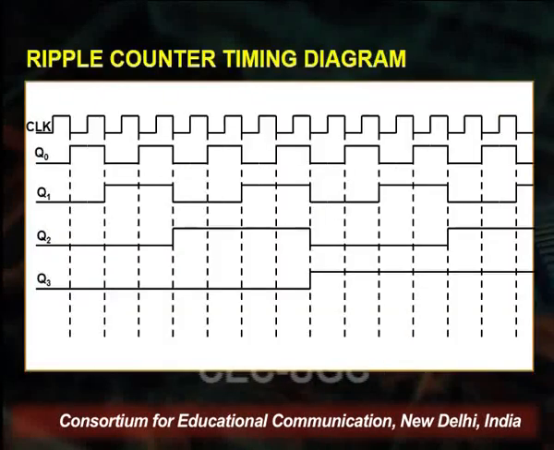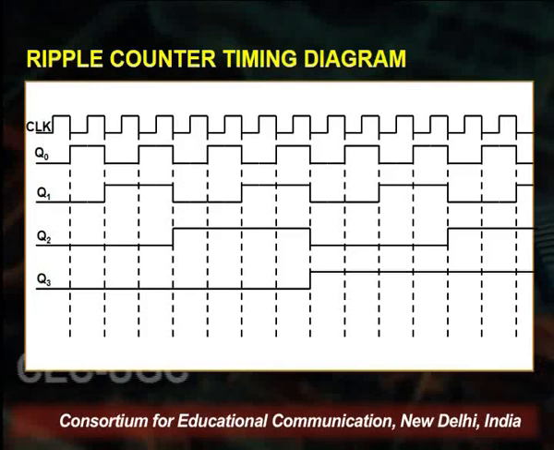So plotting, we can see that the timing diagram of this ripple counter comes out like this. If you look at the clock at the top, the circuit ensures that all flip-flops change their state when we have a negative going pulse at the clock.